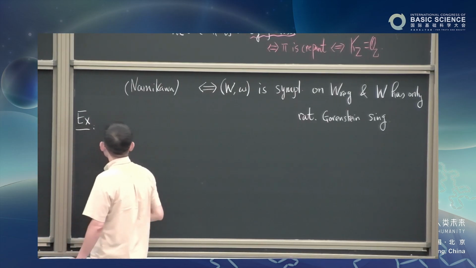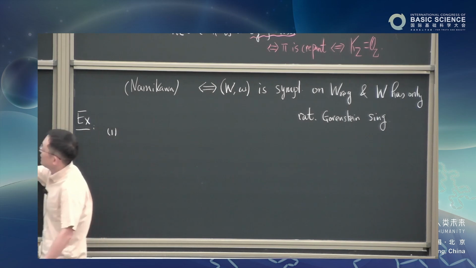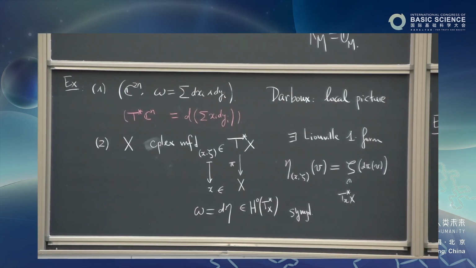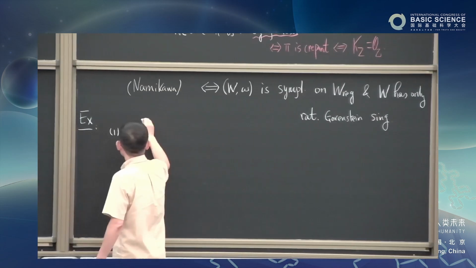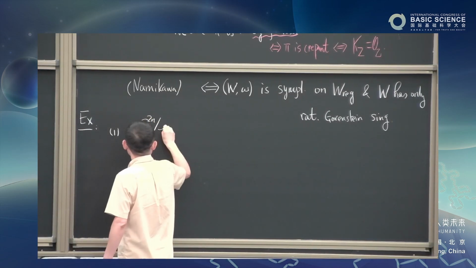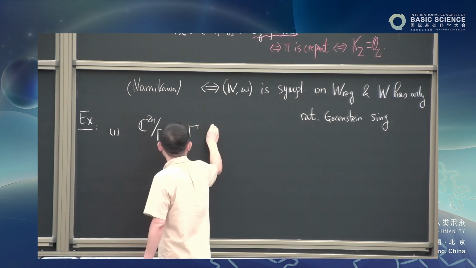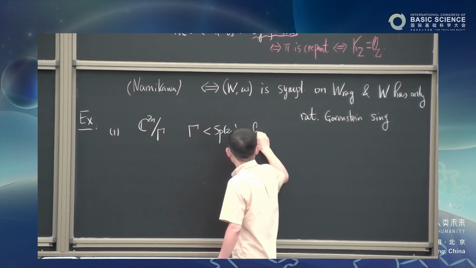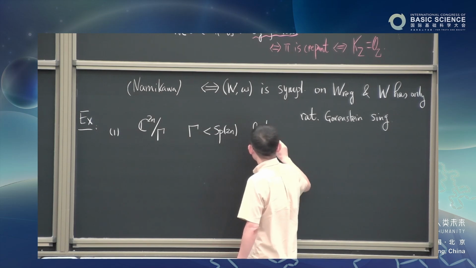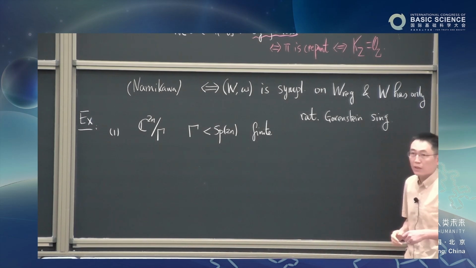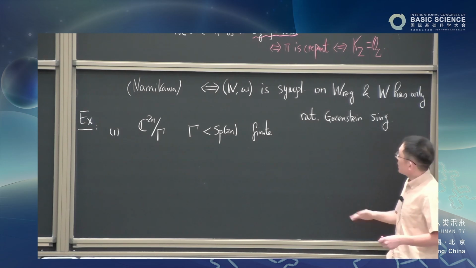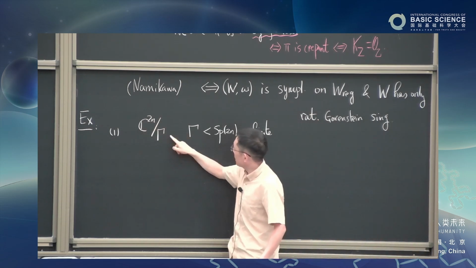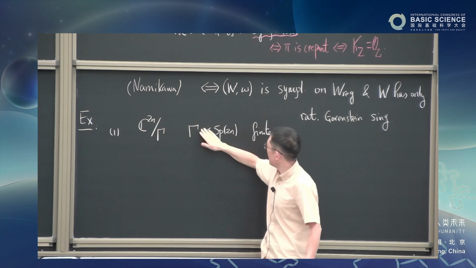So the baby example: before this is a smooth one, and you want to make it singular, so you take a quotient. So C^2n quotient by some Gamma, where Gamma is just a finite subgroup of the symplectic automorphisms of this C^2n. And how to check this is symplectic? First of all, it has a symplectic form because Gamma preserves the symplectic form.